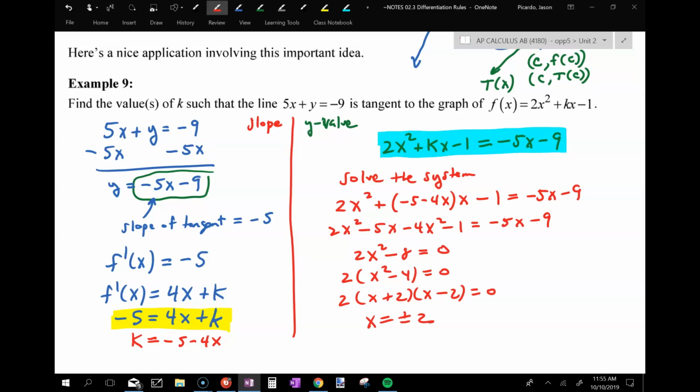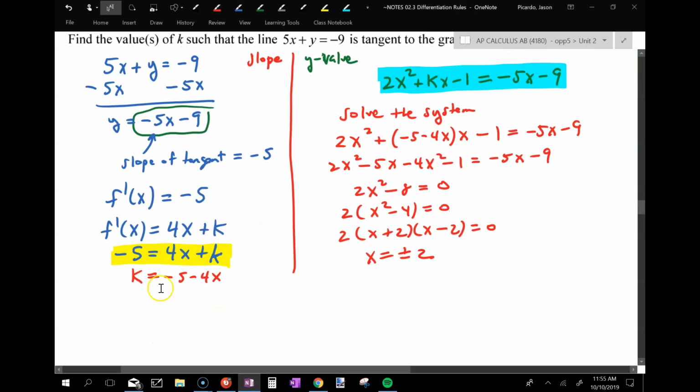Boy, it's a good thing that Emma suggested that we solve for k, because now I can actually get the answer to the question, right? Because the question said at what values of k, so now I have to take this and plug it in over here. So values of k are going to be -5 minus 8, which is -13, and -5 plus 8, which is 3.